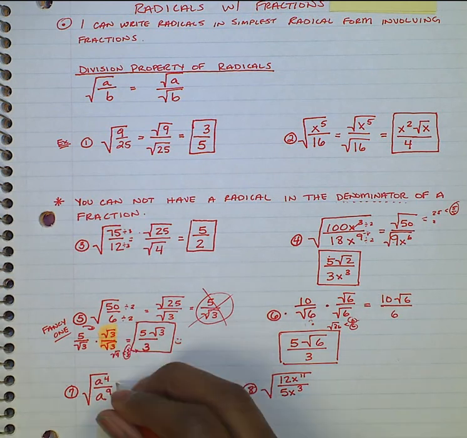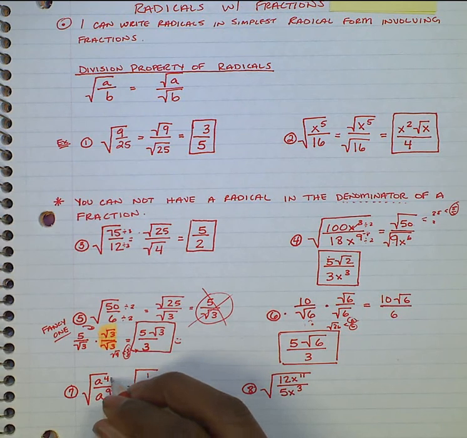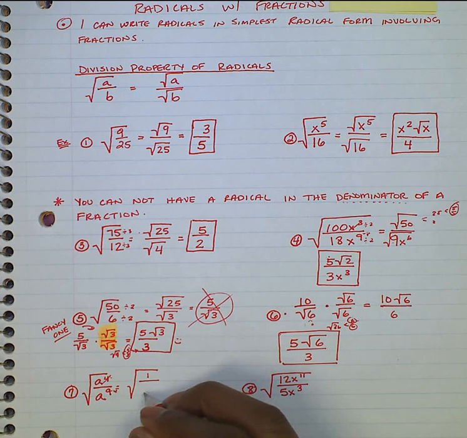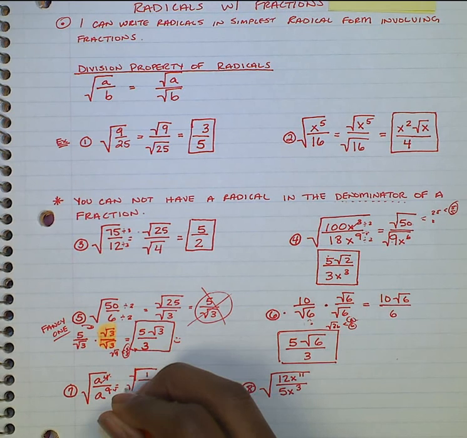Alright, so same base, dividing exponents. So I do that, I'll have radical 1, I'm going to subtract 4 from here, over a to the 5th. Okay. I can try to simplify this.